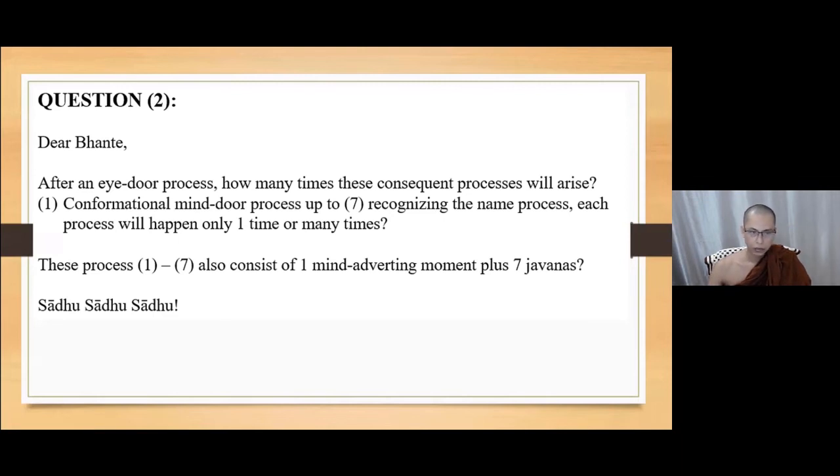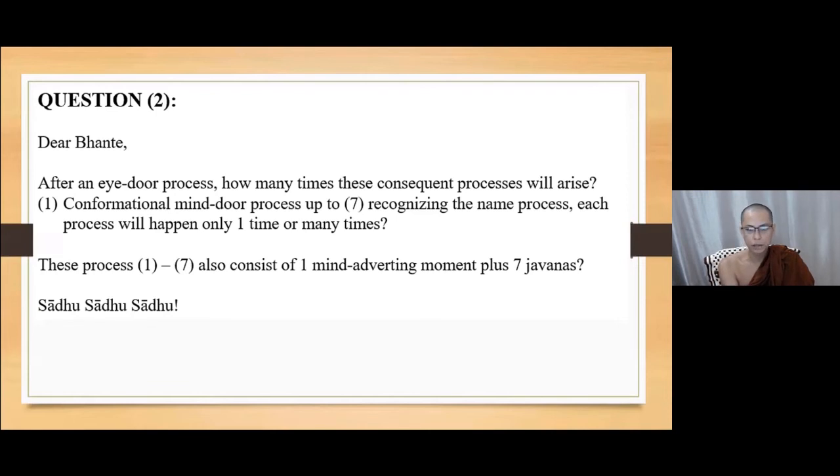Okay, in the consequent process, we cannot say definitely how many consequent processes can arise in the conformational mind door process. Each process is a separate mind door process. For the conformational mind door process, there is one mind door adverting and 7 javanas, sometimes registration, sometimes no registration.